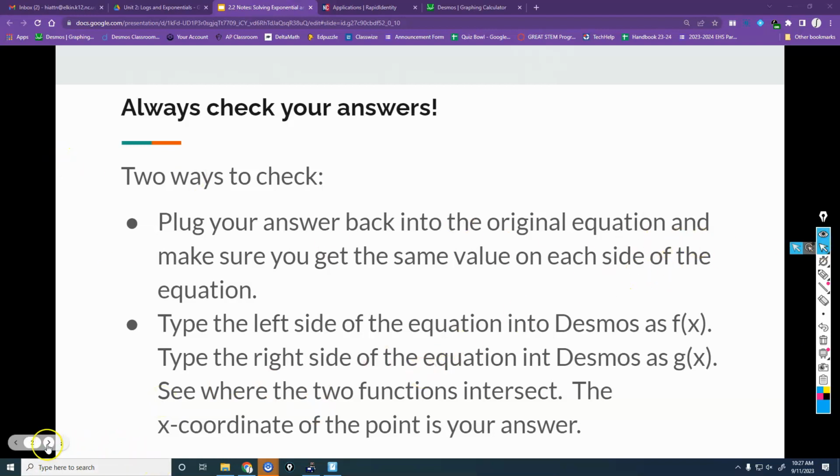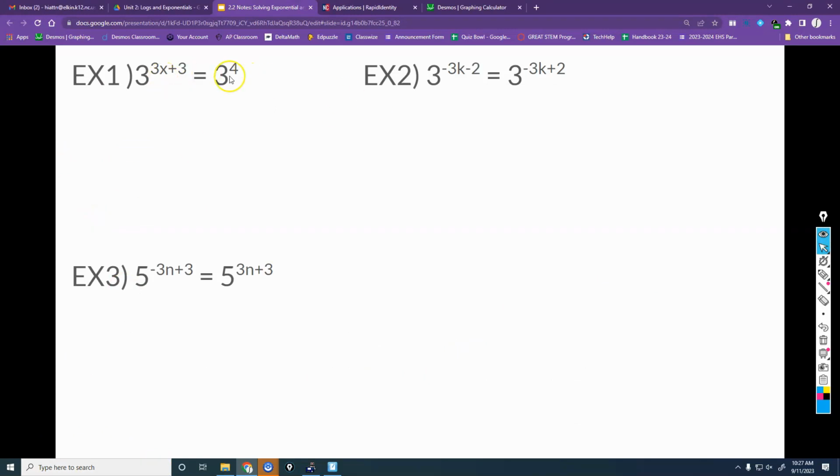Let's do the next question. We're going to solve these questions. I'm going to do this by hand, then we're going to type it into Desmos to check. What I see here is that I have exponents, and in at least this exponent, I have a variable.